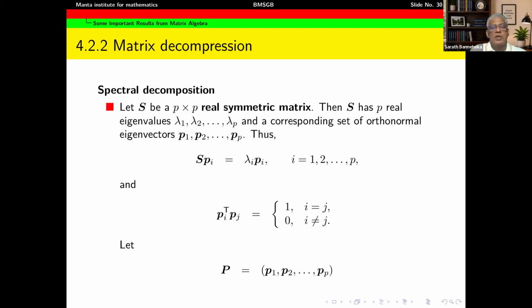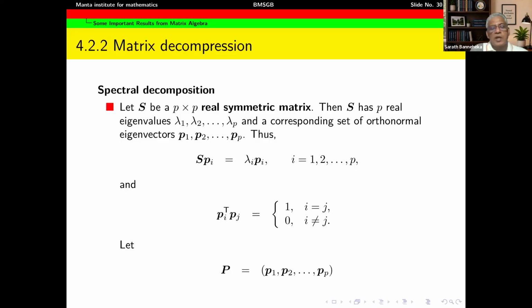Then for each Pi and lambda i, we get an equation like this: S times Pi is equal to lambda i Pi, where Pi transpose Pj is equal to 1 if i equals j, otherwise it is equal to 0. So that's the property of these orthonormal eigenvectors.